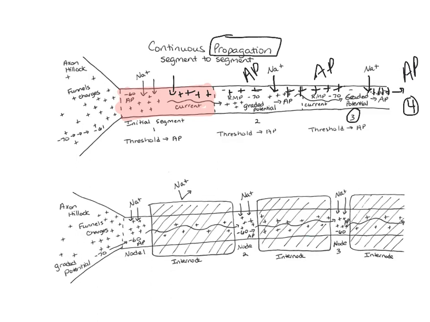Propagation. That means that action potentials are being generated all the way down that axon. And all those action potentials together, we call a nerve impulse. Nerve impulse, right? So a nerve impulse travels all the way down to the synaptic terminal.